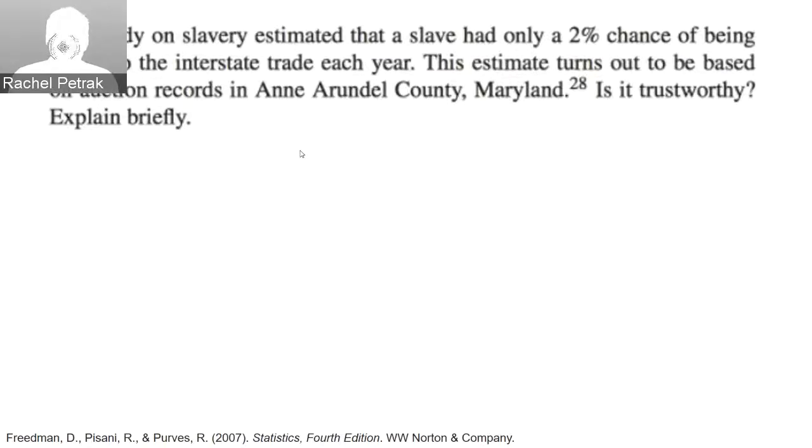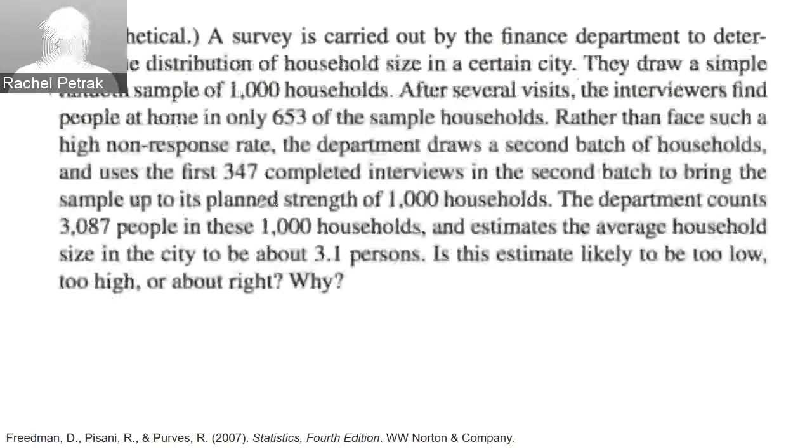We could theorize about the socio-political trends that would have led to this being so unrepresentative, but for time purposes, let's look at our next item, which is a hypothetical.